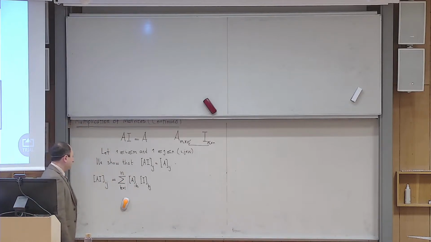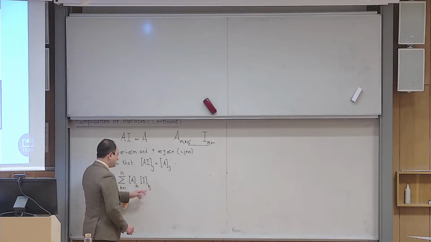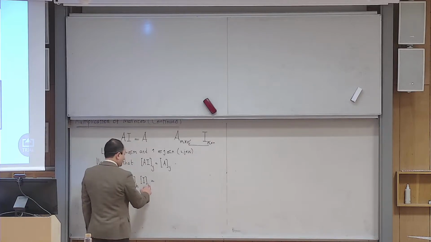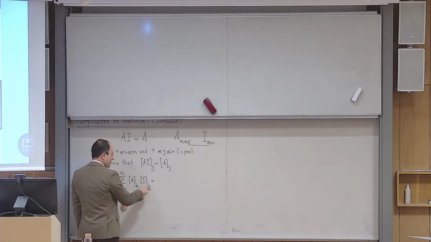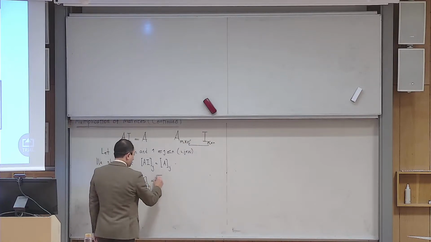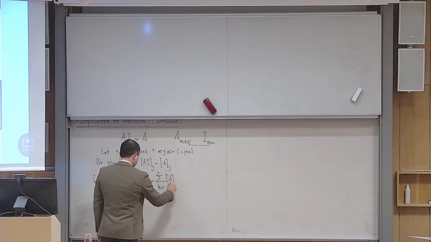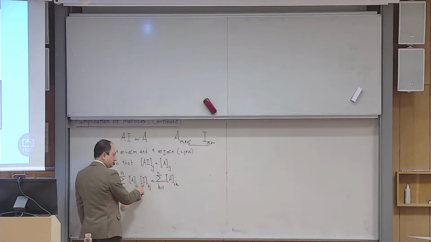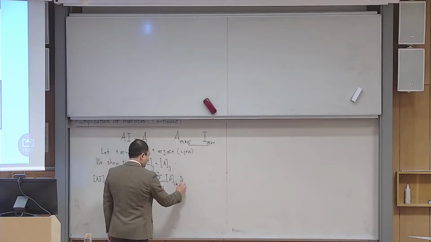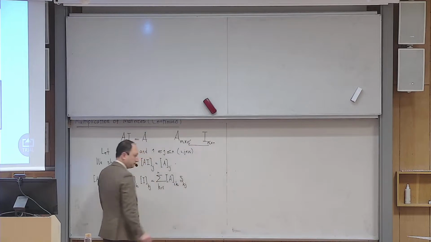Okay. But there is something about this. Do you remember something about the kjth entry of matrix I? It is the Kronecker delta, yes? So it is delta kj.